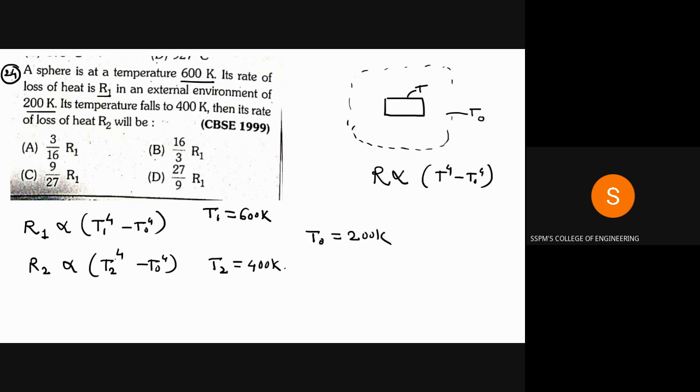Now here you can take the ratio of R2 by R1. So this is equal to T2 raised to fourth minus T0 raised to fourth divided by T1 raised to fourth minus T0 raised to fourth. So T2 value is 400 minus 200 raised to fourth, and T1 value is 600.